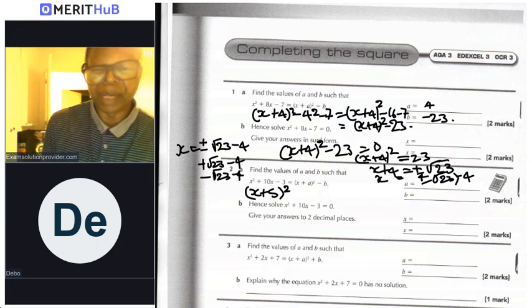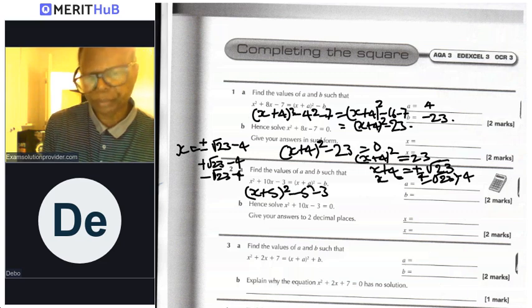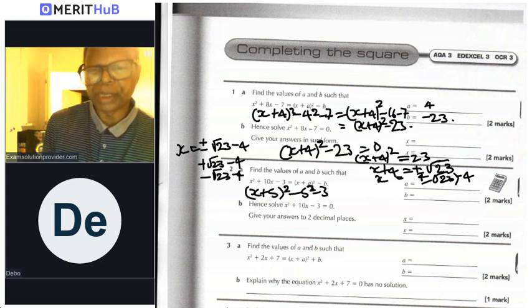Therefore, it's going to be minus 5 squared and minus 3, which was already there. This gives us x plus 5 brackets squared minus 25 minus 3, which gives us x plus 5 brackets squared minus 28.